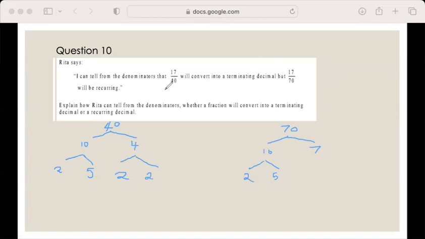If so, then that is a decimal which will terminate at a certain number. But if the prime factors in any fraction's denominator cannot be divided into 10, then it will be a recurring decimal. It will not terminate at a certain point. It will continue to recur.